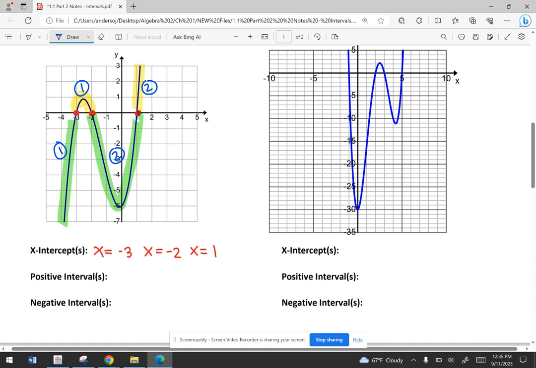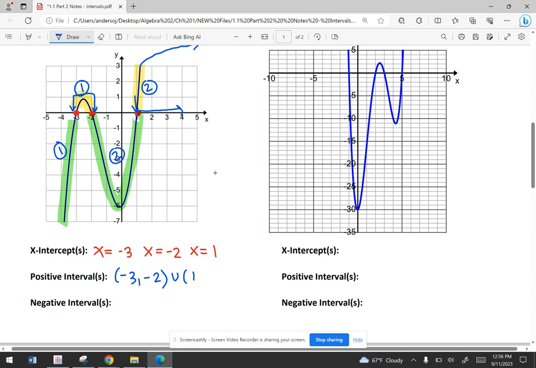We'll start with the positive. The positive is this little section here, which is going from -3 to -2. And then I'm joining that with this section, which is basically starting at 1 and going all the way to infinity, because if this graph just continued, this graph would continue to go out that direction.